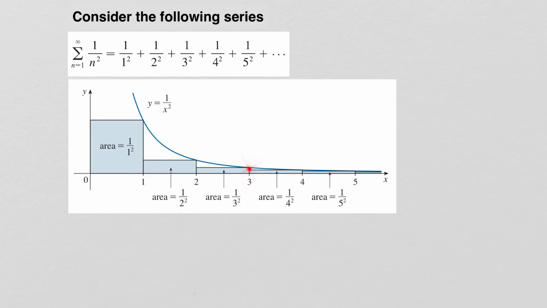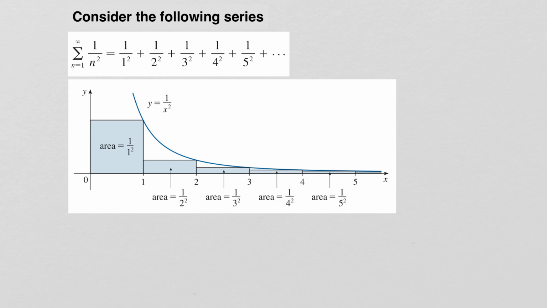At x equals 3, the height is 1/9, and the area is also 1/9, etc. So I want you to notice that the areas that you see here are the terms of this series. So we want to know if these areas add up to be a finite number or not.